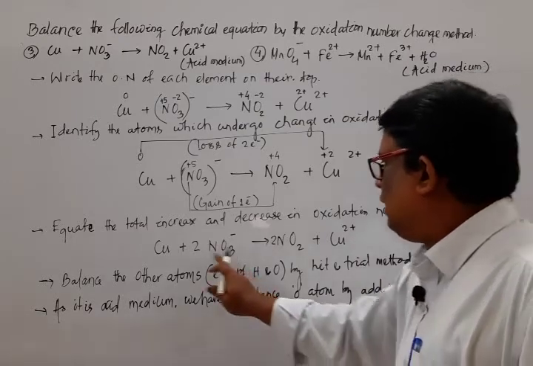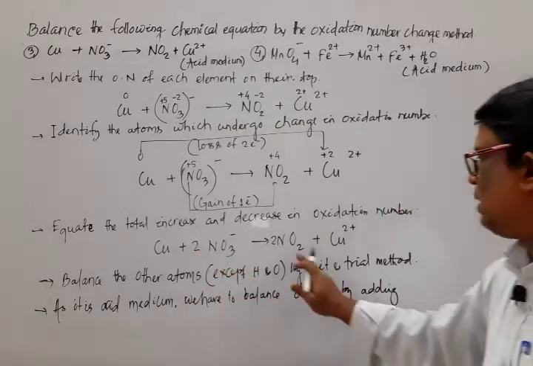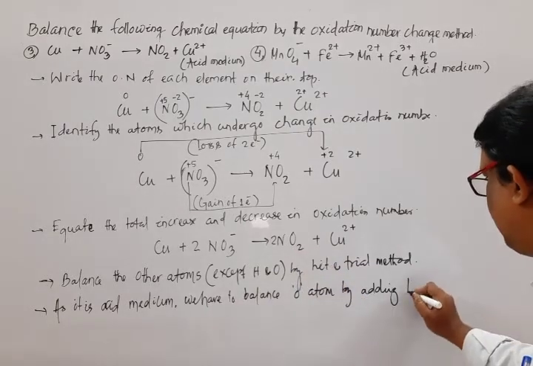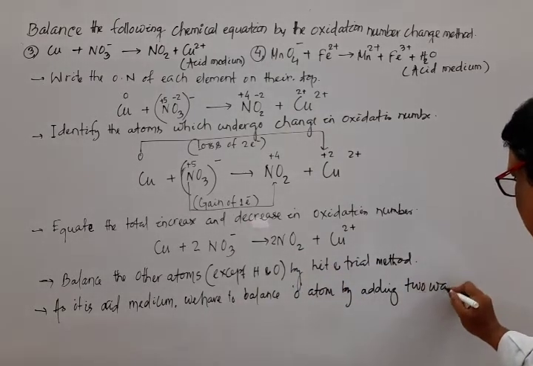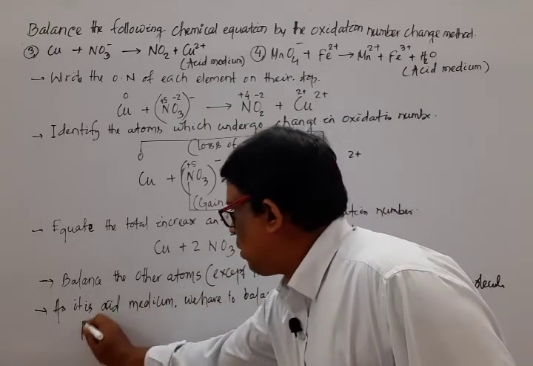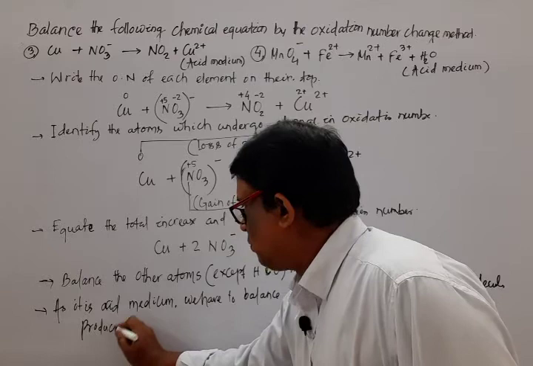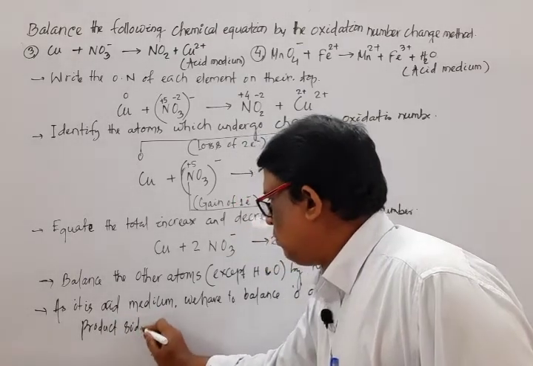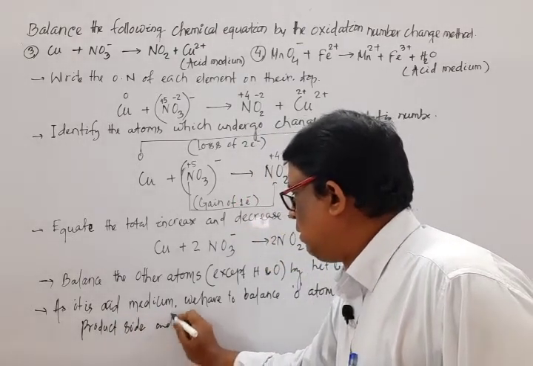Mark that, on this side 6 oxygen atoms, on this side 4 oxygen atoms. So by adding 2 water molecules on the product side, the oxygen atoms are balanced.